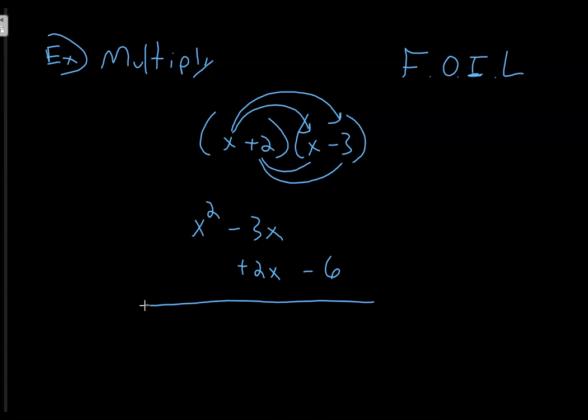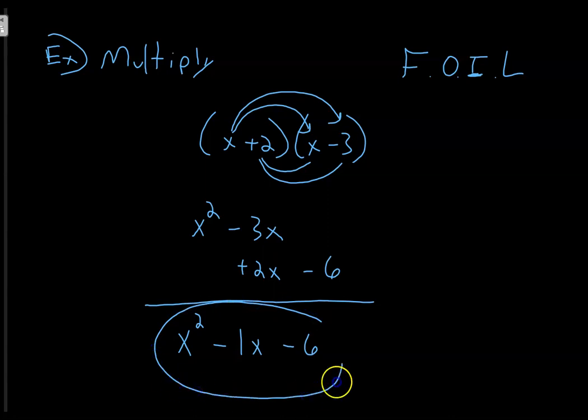So when I combine those, x squared comes down because it has no like terms. Negative 3x plus 2x is negative 1x. Subtract 6 has no like terms. So that product is x to the second, subtract 1x, subtract 6. And that's called FOIL: first, outer, inner, last. We'll talk more about that in class though.